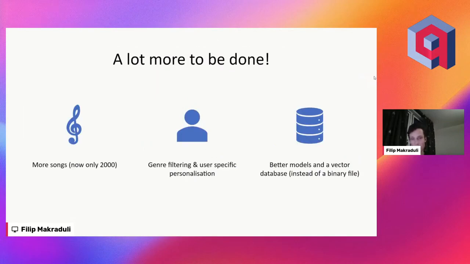So now there are 2,000 songs, but as I've mentioned, in this vector space, the more songs that are there, the more representative the recommendations would be. So this is something I'm currently exploring and doing. Generating, filtering and user-specific personalization. So once you log in with Spotify, you could get recommendations related to your taste on Spotify or on whatever app you listen to your music on.